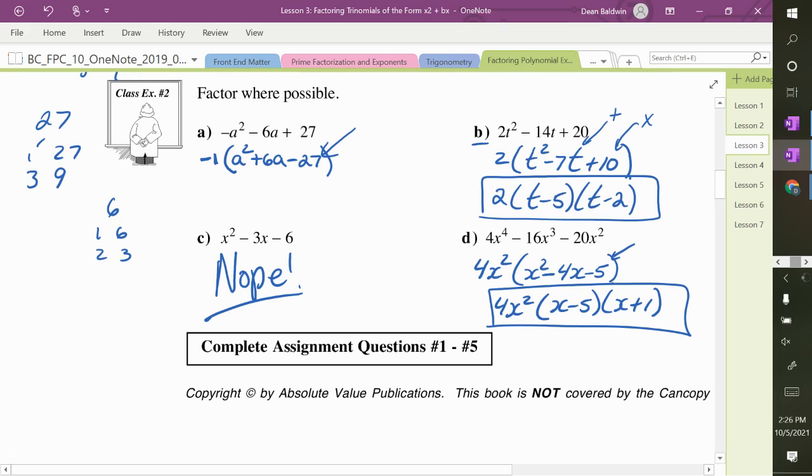Do I need to go any further? No. Positive 9 and -3. Yes. A plus 9, a minus 3, because 9 plus -3 is positive 6, and 9 times -3 is -27.